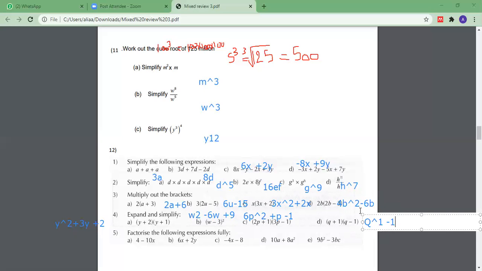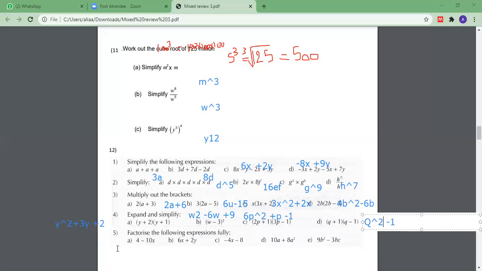Because you multiply q by q will be q power 2, q by -1 is negative q, q by 1 will be q. So I will add them. Negative q plus q is 0. They cross each other, and 1 multiply -1 is -1. I'm sorry, this is power 2, not power 1. So it will be q power 2 minus 1.